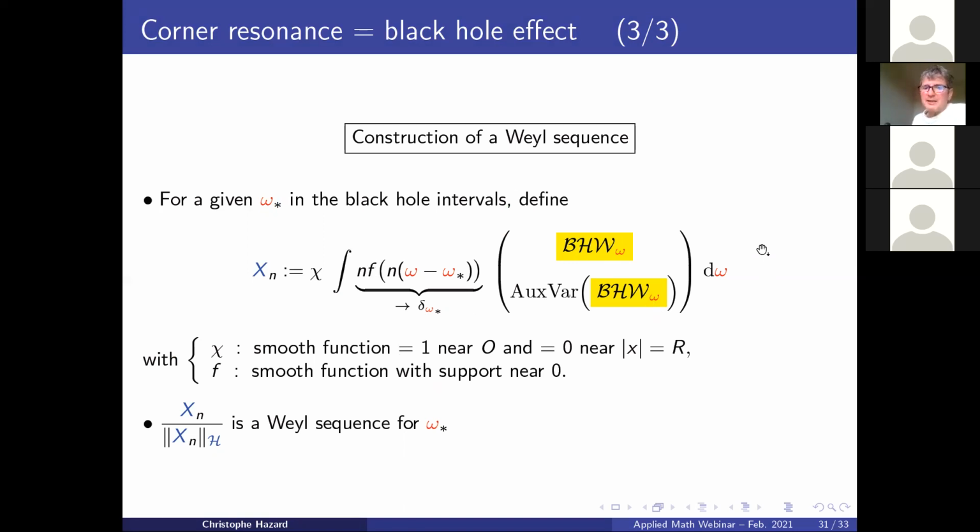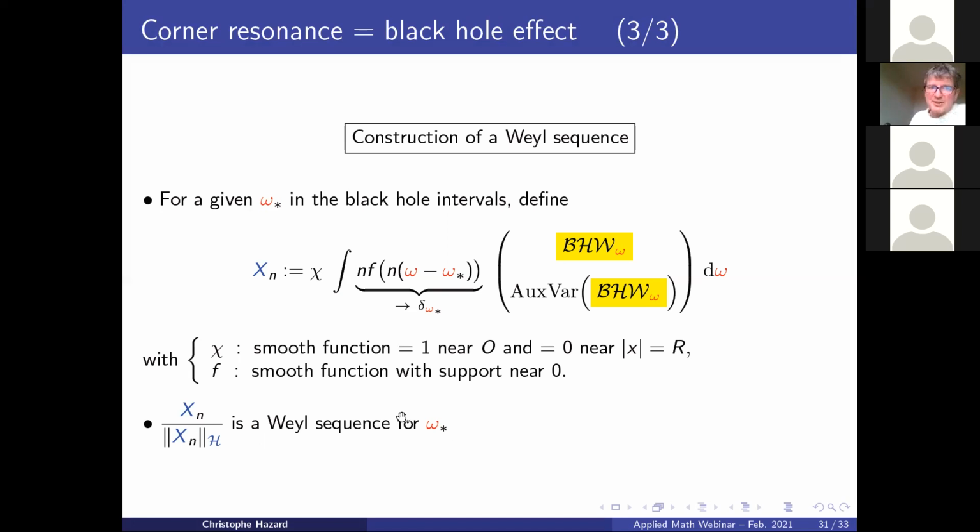Of course, this superposition is not compactly supported, and I need a truncation function so that it can satisfy the boundary condition on the boundary of my camembert here. And once I have done that, I can show easily that this xn, renormalized, is a Veil sequence for this particular value of omega.